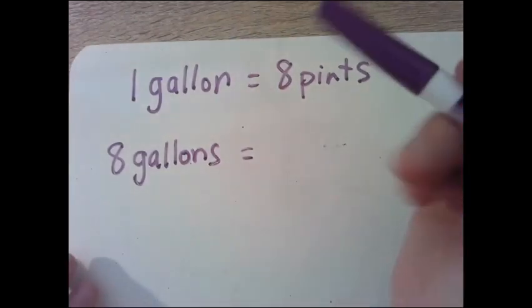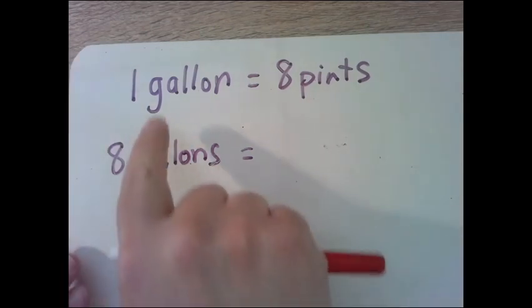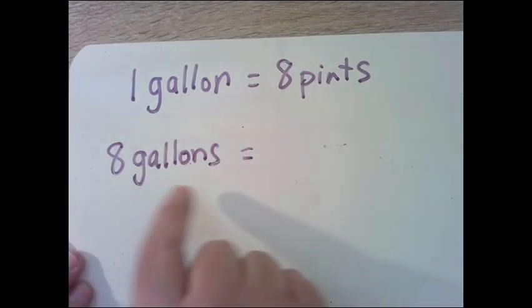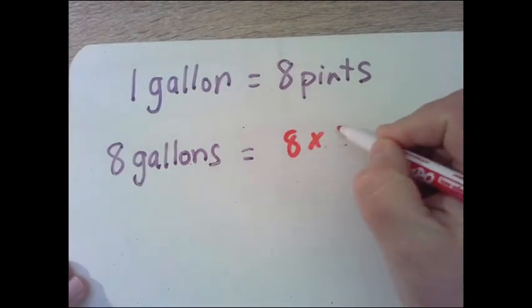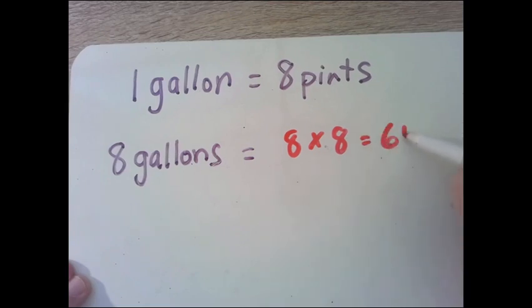I wrote the measurement conversion here for you. 1 gallon is equal to 8 pints. So if we have 8 gallons, we're going to go 8 gallons times 8 pints equals 64 total pints.